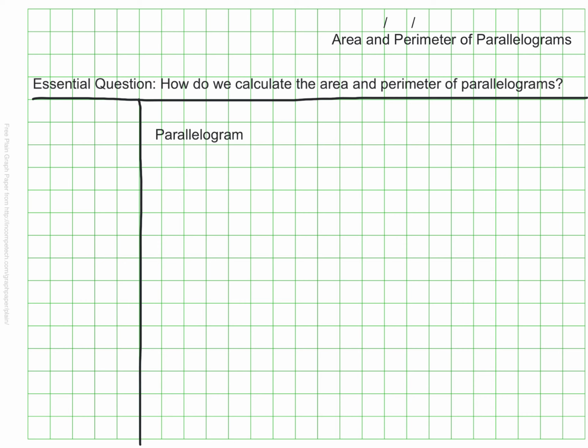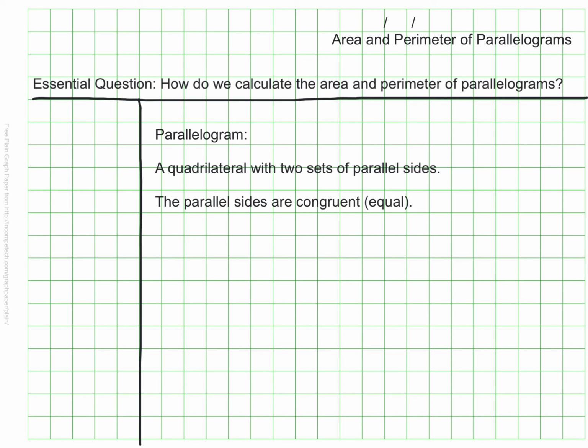Remember that a parallelogram is a type of quadrilateral, meaning it has four sides, and two sets of those sides are each parallel. In addition to that, the sides are also congruent. That means that the sides that are parallel are also the same length. A parallelogram might look like this.